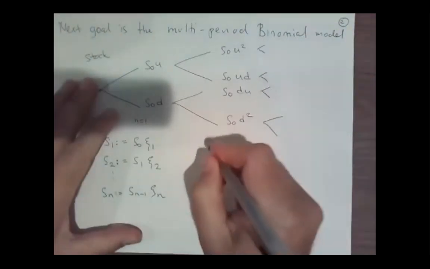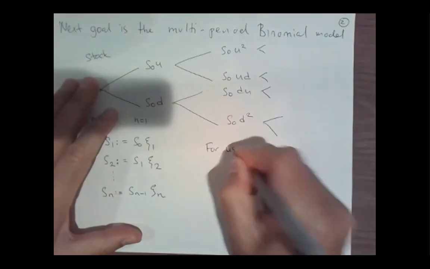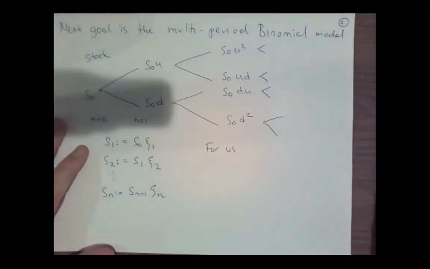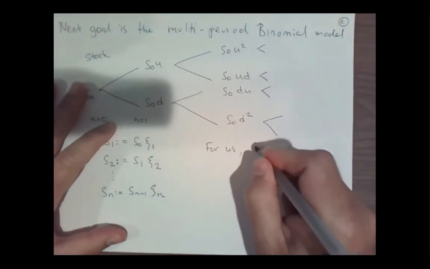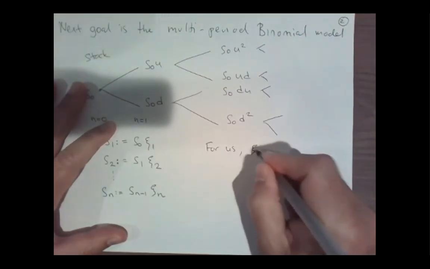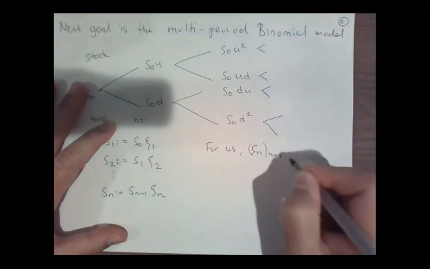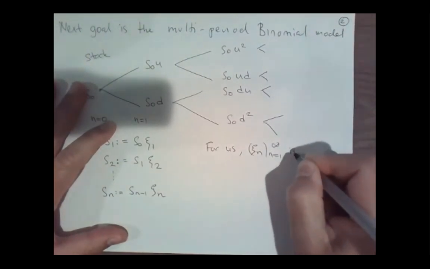For this, we would have this sequence of psi, and this is IID.